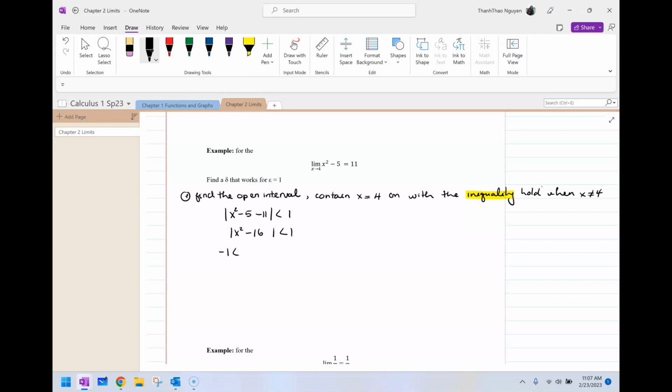So negative 1 is less than x squared minus 15 less than 1, so x squared is greater than 15 and less than 17.